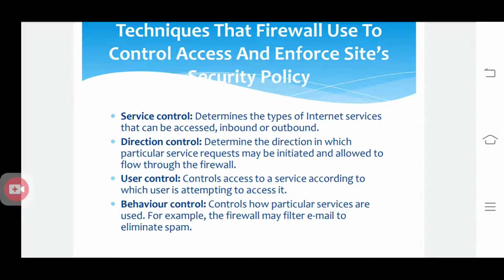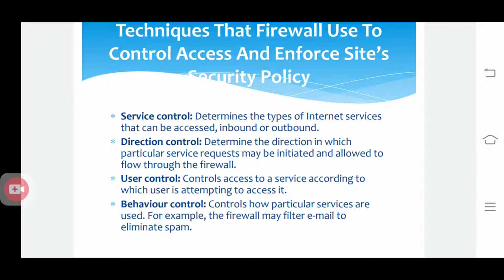Service control determines the type of internet services. Whether those services can be accessed or not will be controlled by the firewall. Direction control determines the direction in which a particular service request is initiated. That means it controls the traffic flow, or the flow of information.